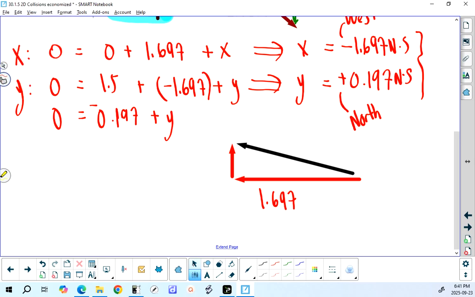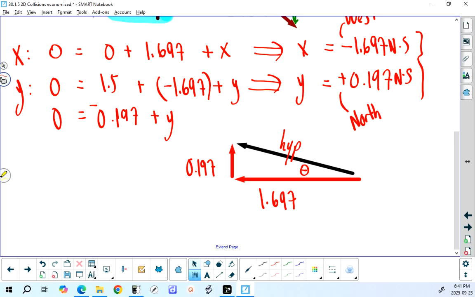We have positive 0.197 Newton seconds north. This diagram I drew is really poor because it's not even remotely drawn to scale, but the advantage of doing it with components and doing it mathematically is it doesn't have to be to scale properly. So all we need to do now is find this angle and the hypotenuse.